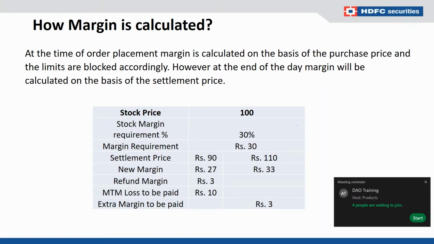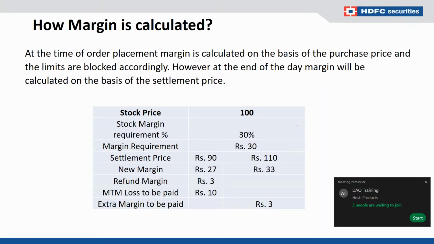When we talk about calculation of margin, the example is on the screen. As you can see on the screen here, stock price is rupees 100, margin requirement is 30%, that is 30 rupees. Now there can be two possibilities: either the price can go up or the stock price can go down. I take the first example. The price of the stock goes from 100 to 90.